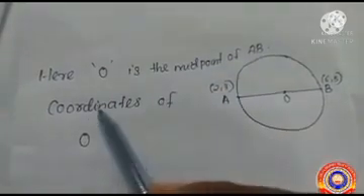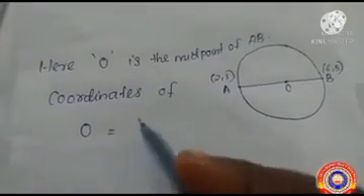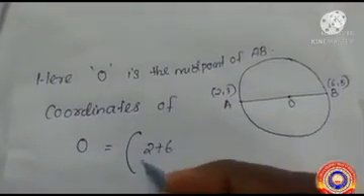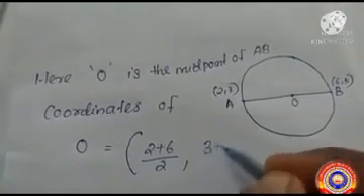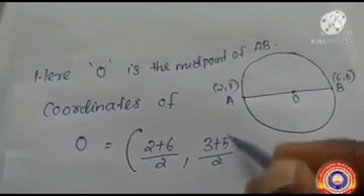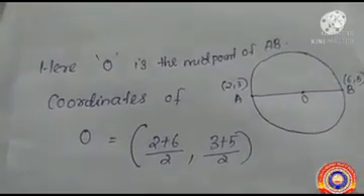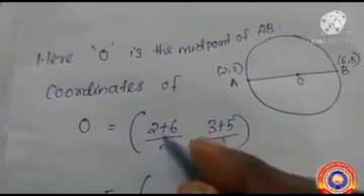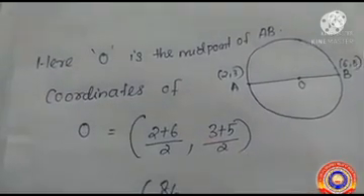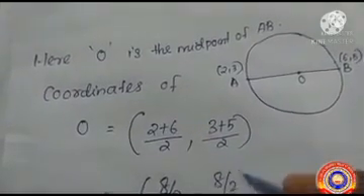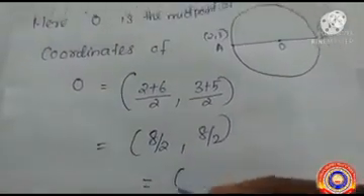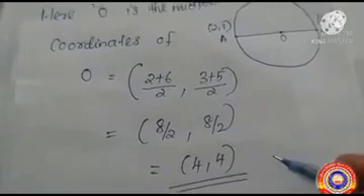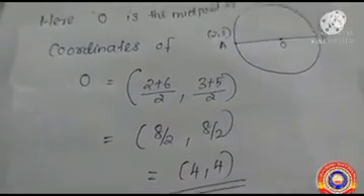So coordinates of O is equal to ((2 + 6)/2, (3 + 5)/2), which is equal to (8/2, 8/2), which is equal to (4, 4). The coordinates of O equal to (4, 4).